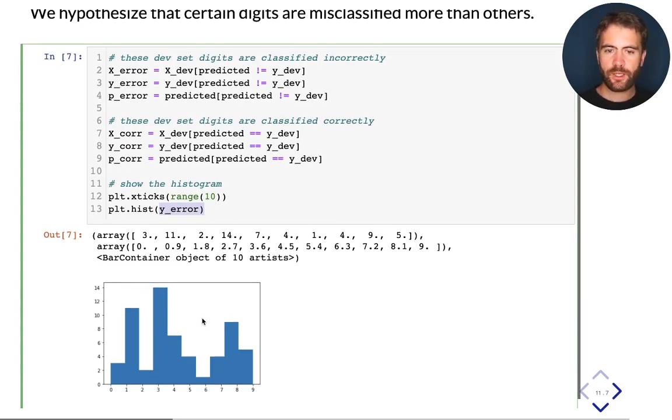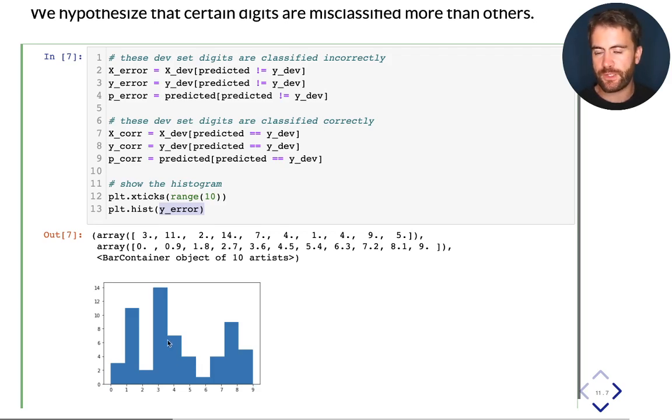So some labels, as expected, are classified correctly more often, and some are misclassified more often. In particular, the largest numbers of errors are on 3s, 1s, and 7s. So this is already useful information, and this begins to look like a set of error categories.